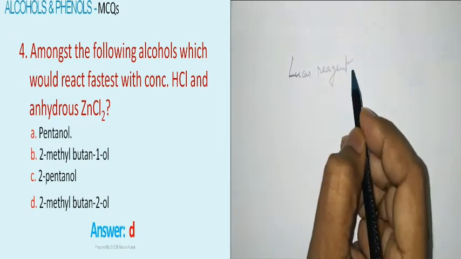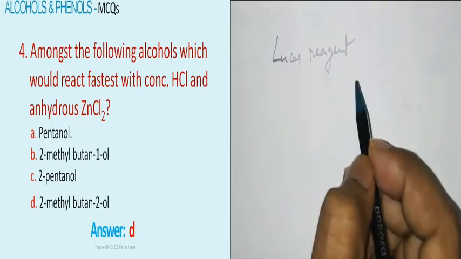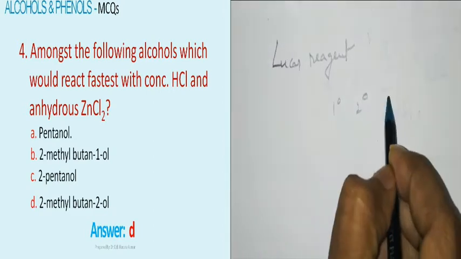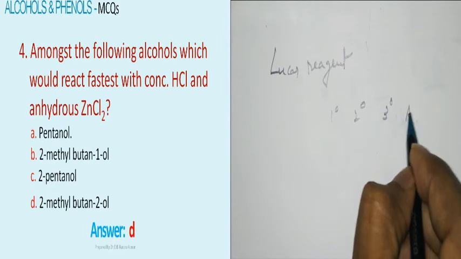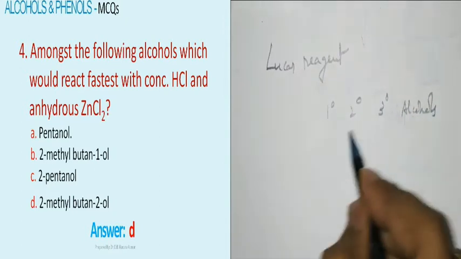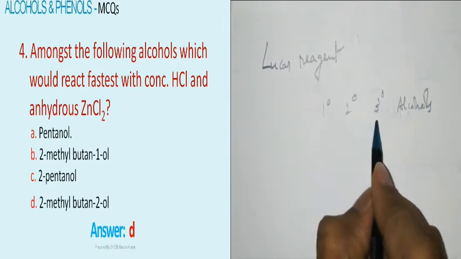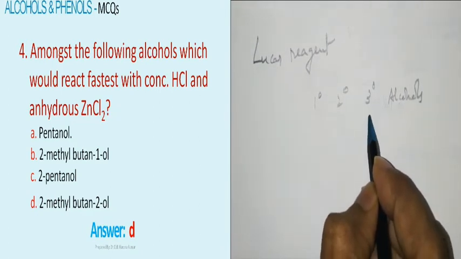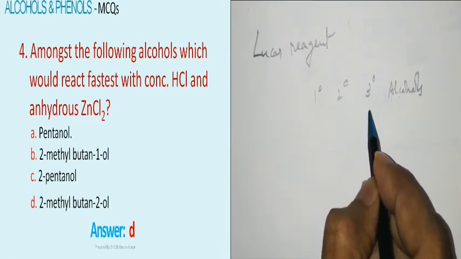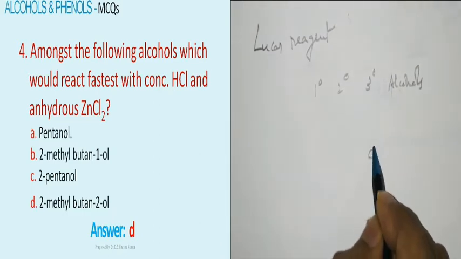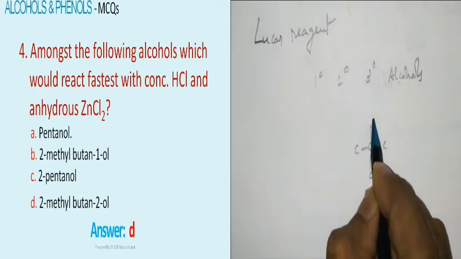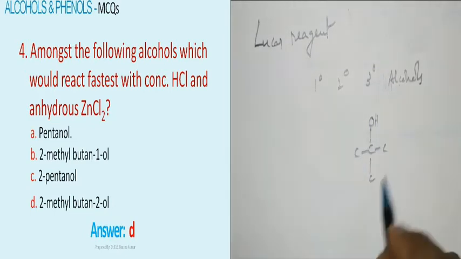Lucas reagent generally is used to distinguish primary, secondary and tertiary alcohols. Tertiary alcohols are alcohols where the hydroxy group is connected to a tertiary carbon. A tertiary carbon means a carbon which is directly connected to 3 more carbons. An example will be tertiary butyl alcohol like this.